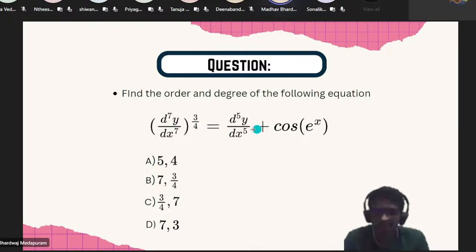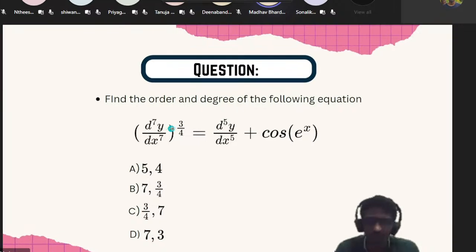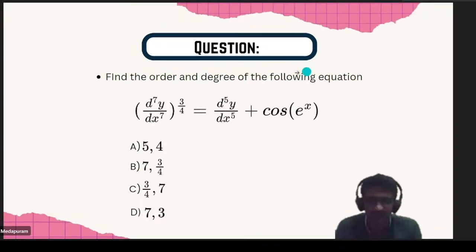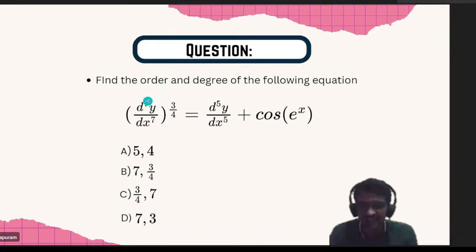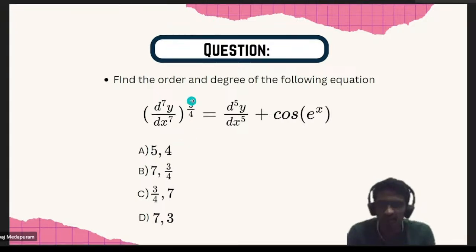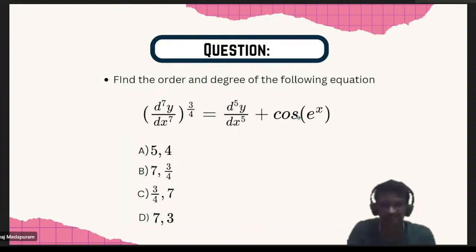If you raise it to the 4th power, you can see that the highest derivative involved is 7 here. We need not focus on the right hand side of the differential equation, just on the left hand side. We have the highest order as 7 and the power of that to be 3. So from the definition, we have the order as 7 and the degree as 3. Pretty simple, right?